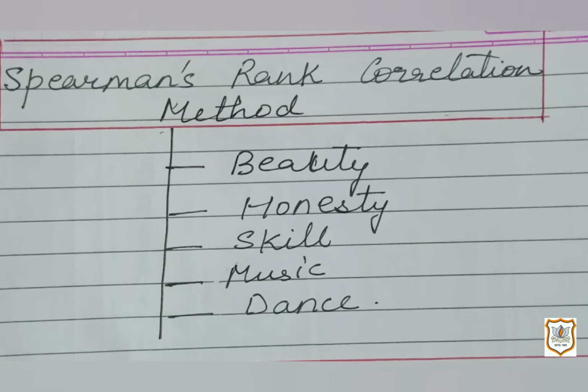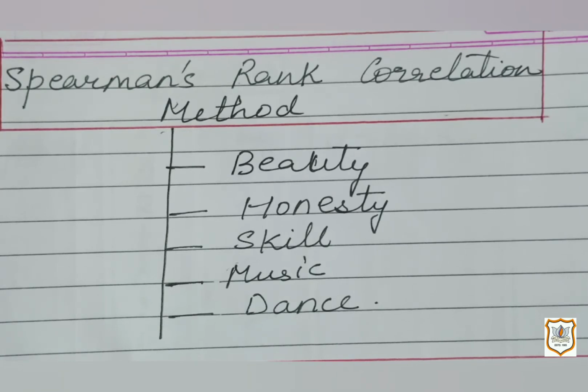In such situations, these characteristics are incapable of quantitative measurement, but they can be ranked serially according to their proficiency in the characteristic. In that case, the correlation coefficient is computed by giving ranks according to their proficiency.